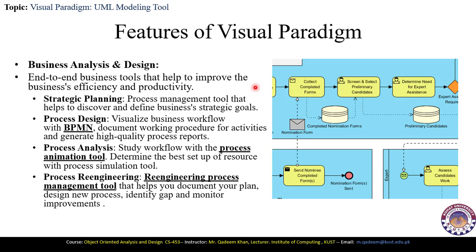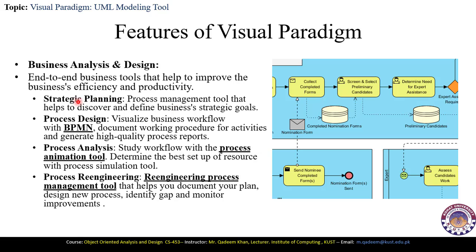It is an end-to-end tool that helps to improve business efficiency and productivity. For example, if you want to define a certain business process, then we use Visual Paradigm to define the business process. And that business process is quite customizable to the particular organization.